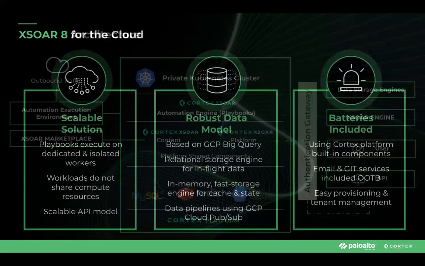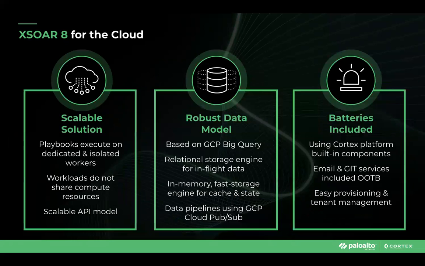Now, Exor 8 is a product that's designed for the cloud. It's a completely SaaS-based architecture, and you would notice that the platform now provides dedicated, isolated workers for playbooks, and they do not allow the workloads to share any compute resources.